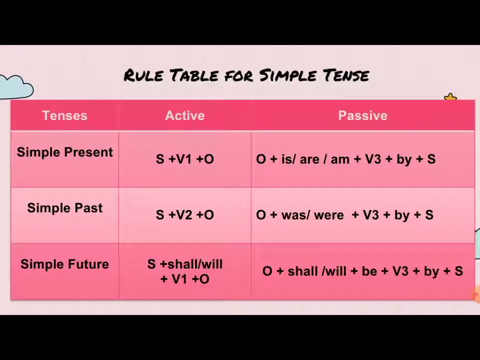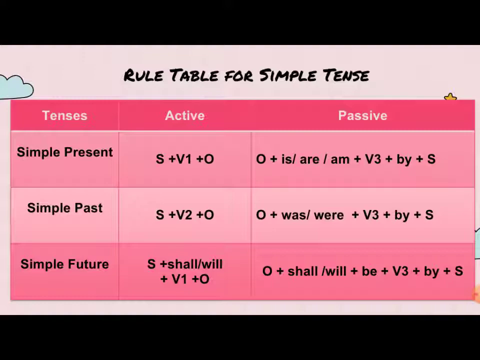Now in the previous video we discussed the simple tense. You also have copied down the formula of passive voice. In simple present tense, we use the helping verb is or am plus past participle form of the verb. In simple past, we add the helping verb was, were plus past participle form of the verb.